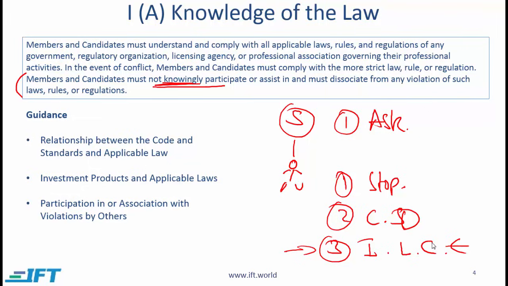If you feel that something unethical or a violation of the code and standards is happening around you and you don't do anything, or let's say you just report to the legal department or the compliance department and then just continue thinking that I have informed the relevant personnel, then that actually is considered illegal or unethical.